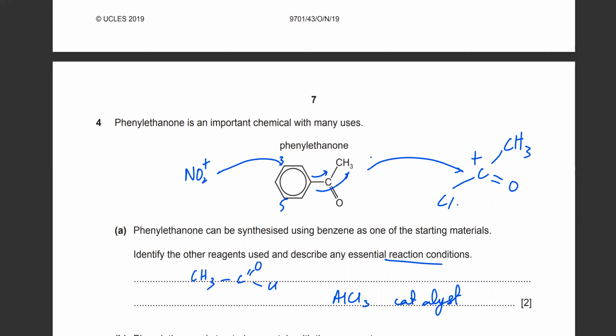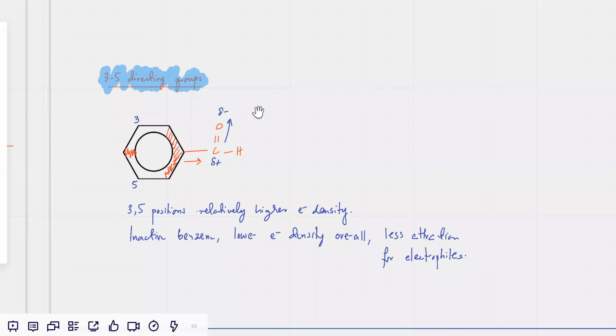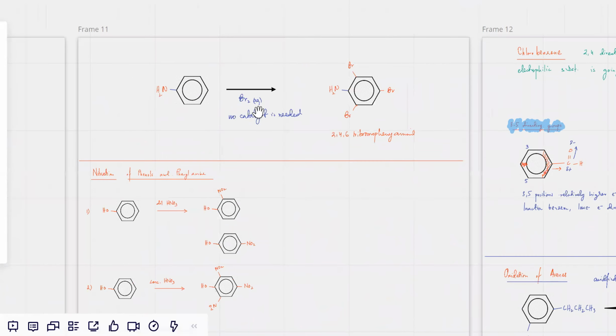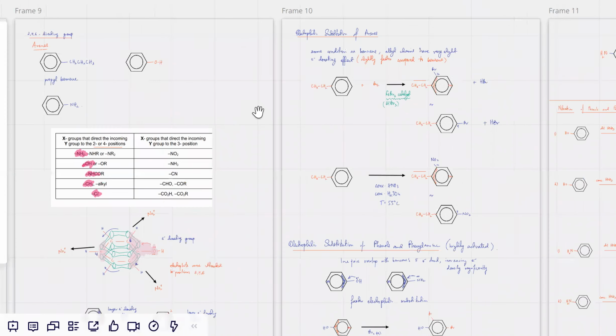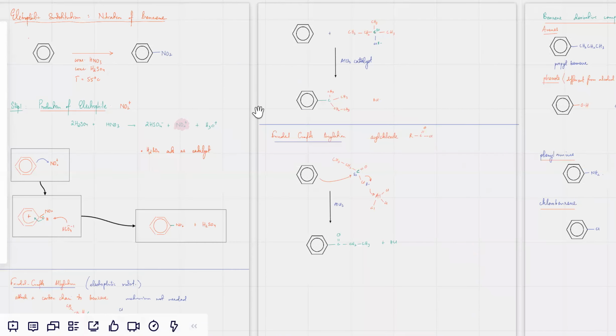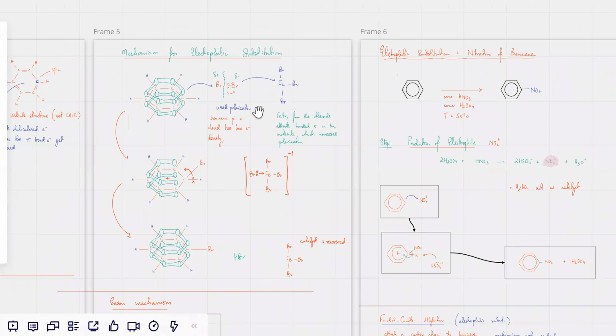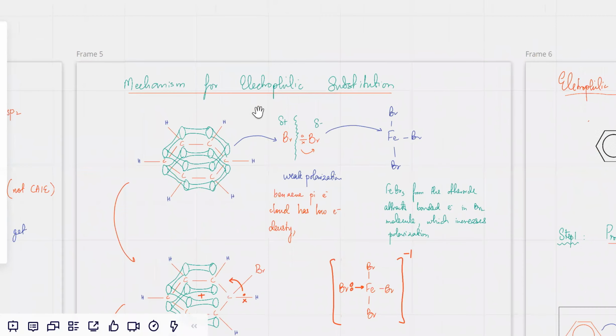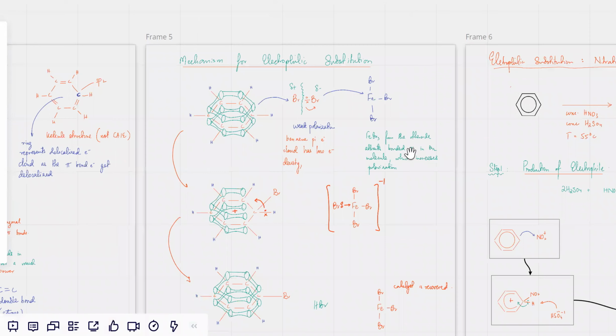So if we just revise bromination, we did all of that. For a normal bromination, bromine alone will not be able to react with a benzene because you would need a catalyst, FeBr3. So that was electrophilic substitution with bromine.